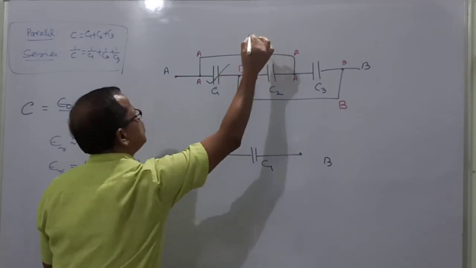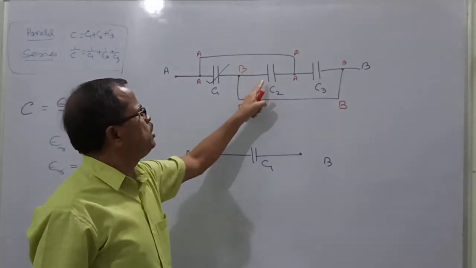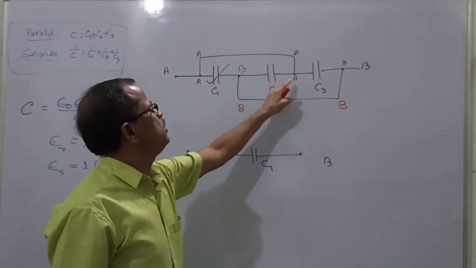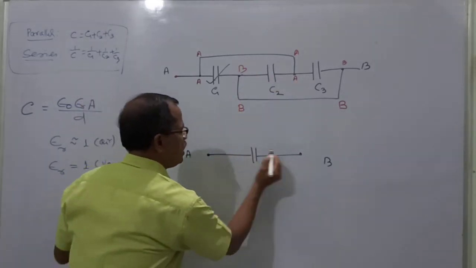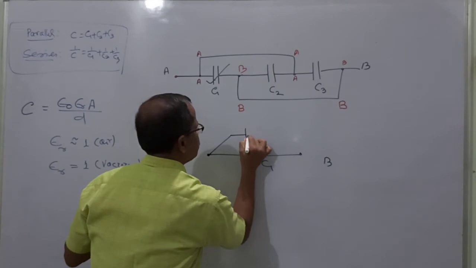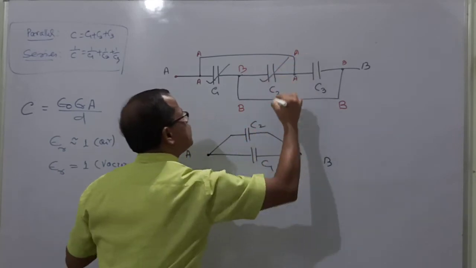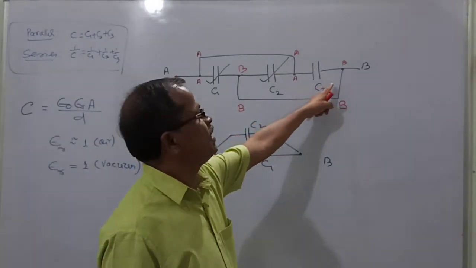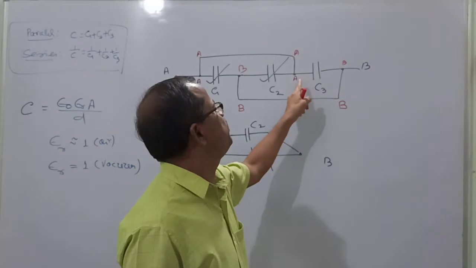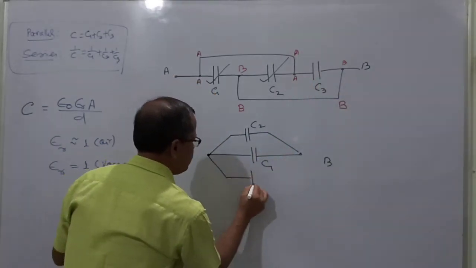So put a tick mark because this capacitor is over. Then C2 is also connected between A and B. Connect it, then put a tick mark. C2 is over. Now which capacitor is left? C3. C3 is also coming in between A and B, so connect C3 between A and B.